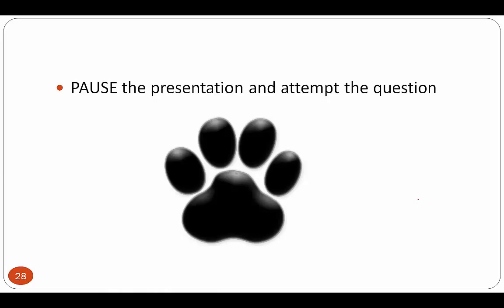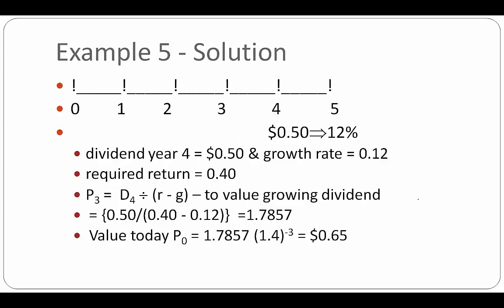Did you have a go at it, or did you just turn the page? Well, let's have a look. This is a two-stage growth model, but it's actually pretty simple, except there's one little trick to it. We're not expecting to pay any dividends until the end of year 4.